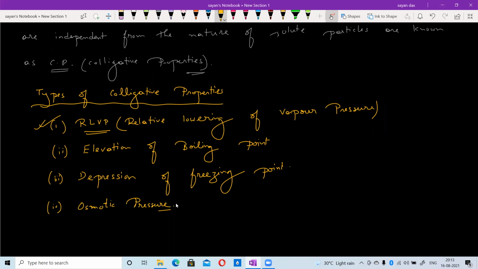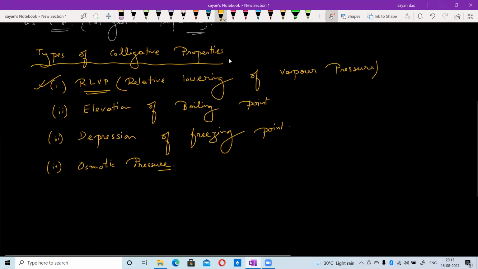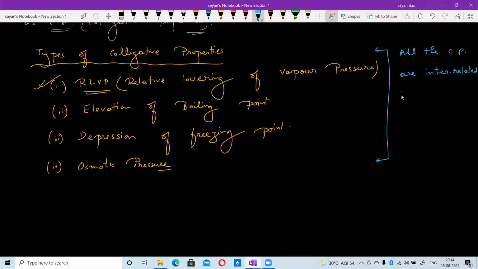Is it clear? Remember one thing: all the colligative properties are interrelated with each other.